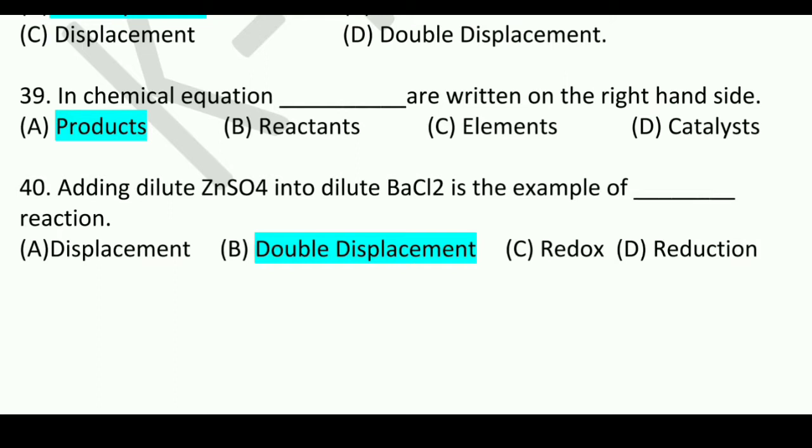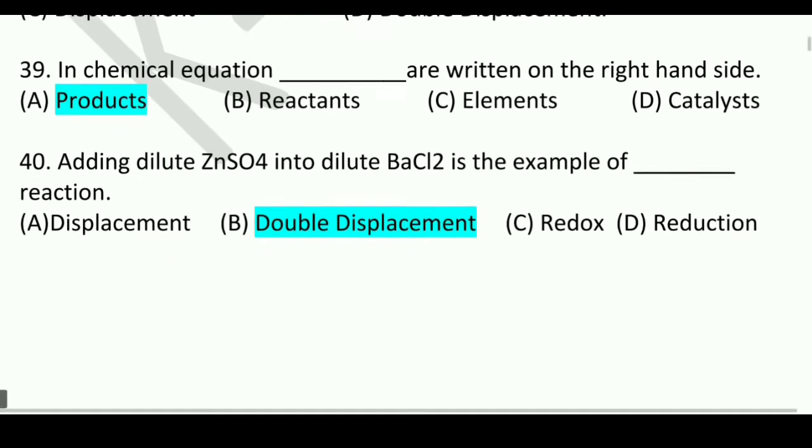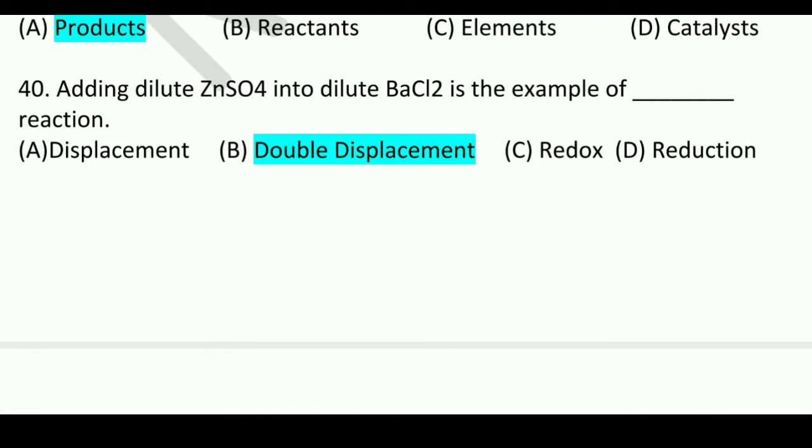Absolutely correct. The products are written on the right hand side, isn't it? Next question. Adding dilute ZnSO4 into dilute BaCl2 is the example of dash reaction. The correct answer is double displacement reaction.